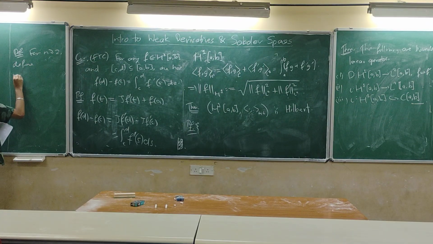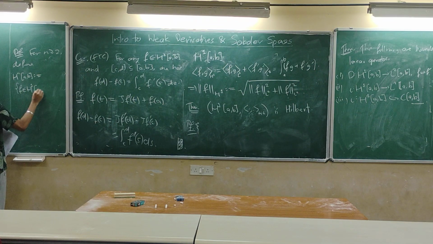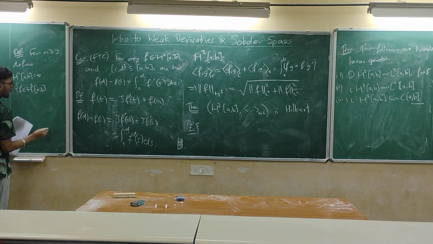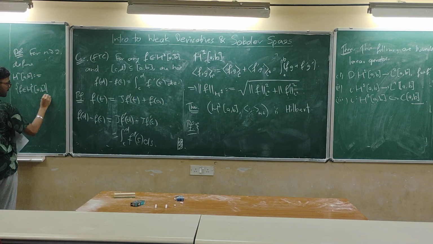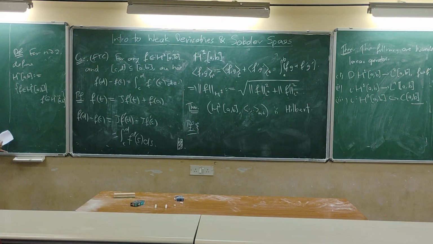We define H^n(a,b) as all those weakly differentiable functions in H1(a,b) whose weak derivative lands in the n minus 1 order Sobolev space. This is how you define the higher order Sobolev spaces. Basically, f prime must land in H^(n-1), f double prime in H^(n-2), etc. So this is a recursive definition.